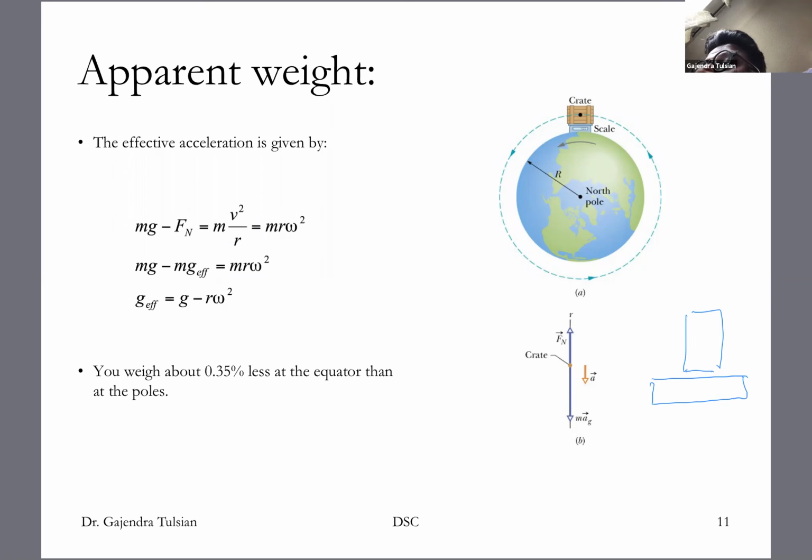So what happens is, here's Earth pulling you down, mg, and you're not falling through the bathroom scale because the bathroom scale pushes you up, and that exerts a normal force. And this is the force that the scale exerts on you, which is your apparent weight.